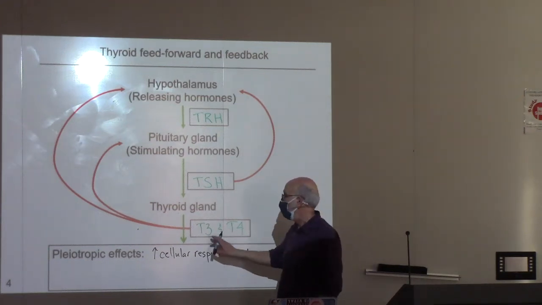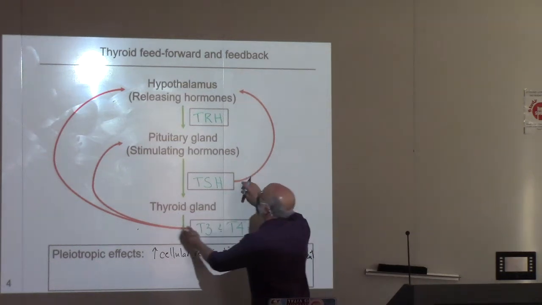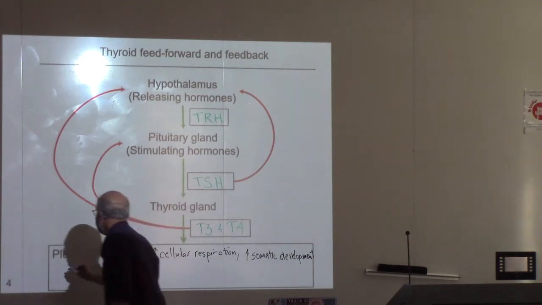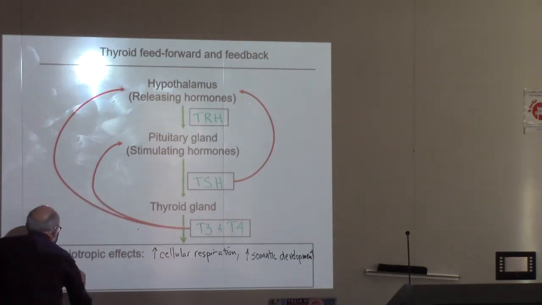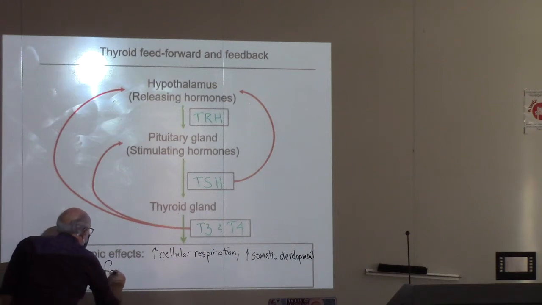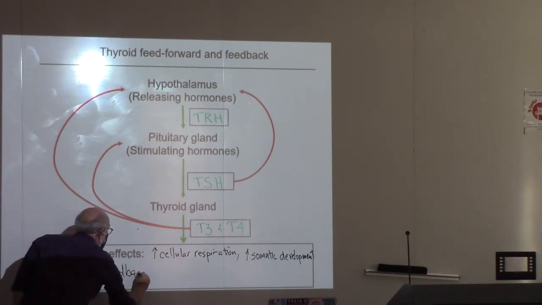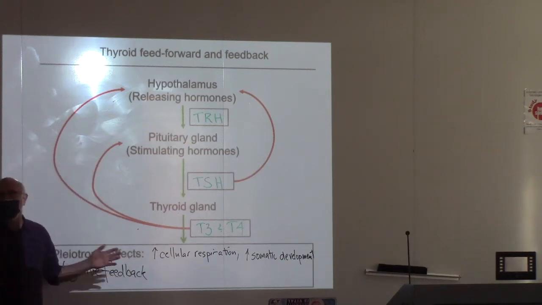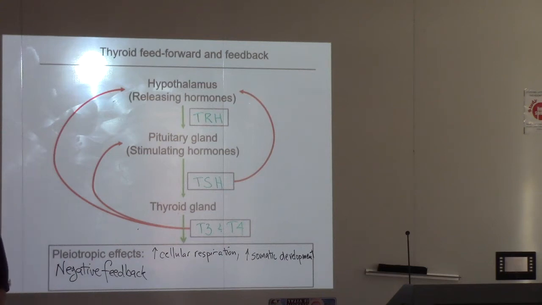But what else do T3 and T4 do? Negative feedback. Okay, let's include negative feedback. That is important. It's not one of the feed-forward effects. It's a feedback. What's another feed-forward effect?